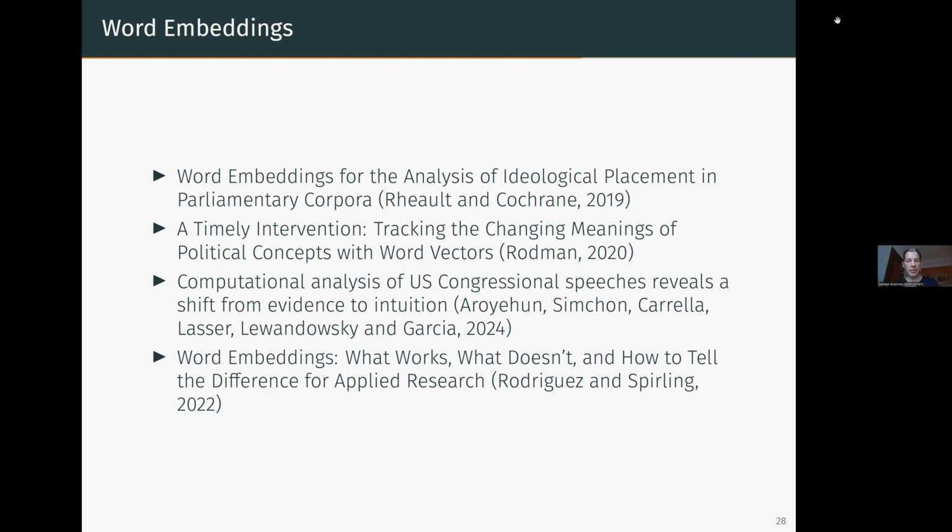And for a good example, there's a very recent paper about US congressional speeches where you can see a shift from evidence to intuition. So this is a very nice example of what you can actually study with these kind of things. So these are four things that are very good, but there are loads of things out there. Yeah, and as you can see, it's a very new thing. So 2019, Rodriguez and Spirling, one of the first in there. So we're dealing with new things.